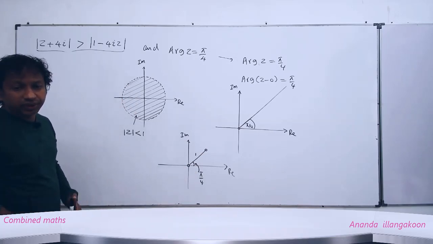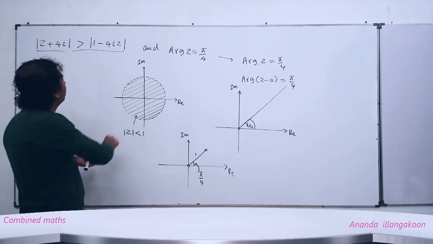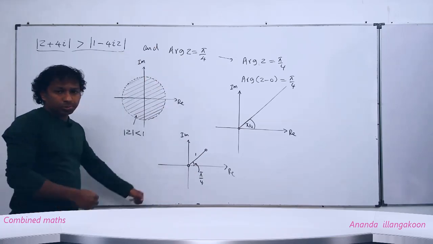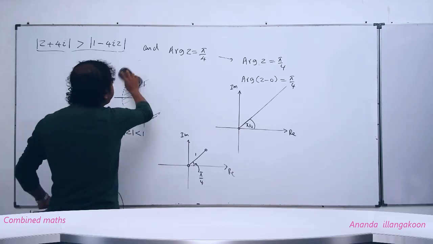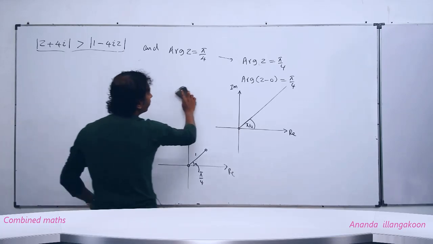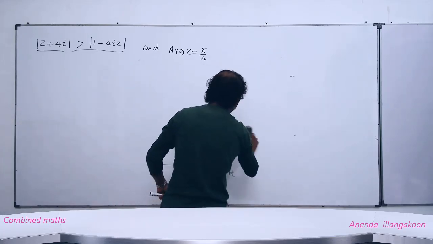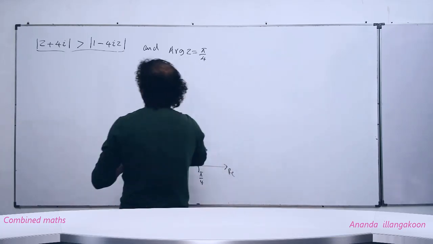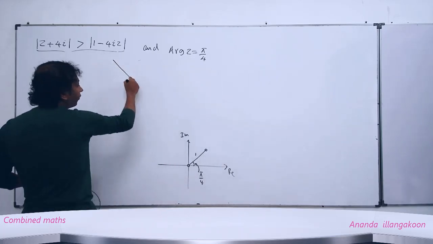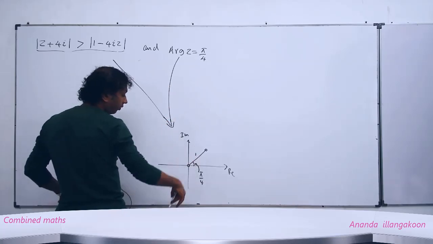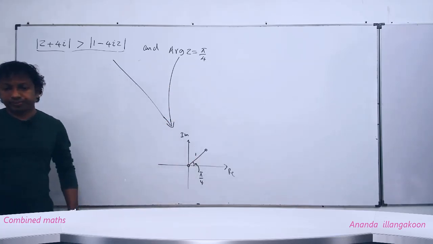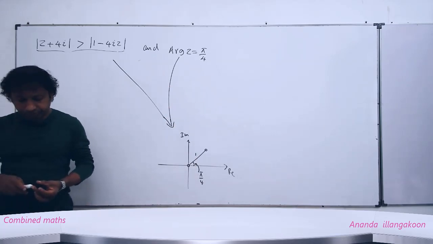So this is the required region for this and this. Right. The required region is, people, this. This is the required region. Okay, no?